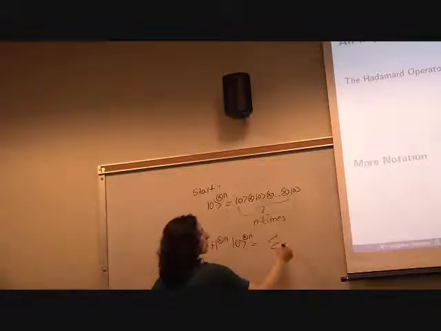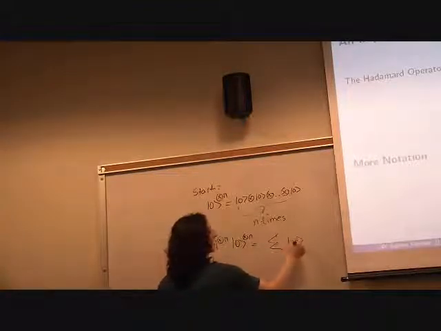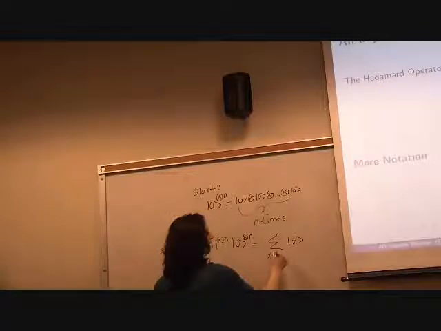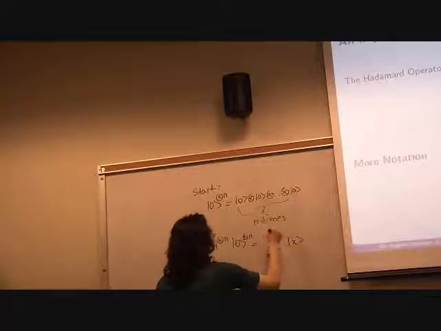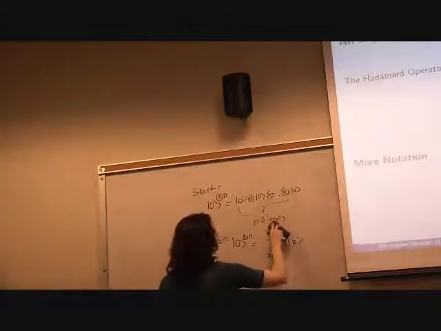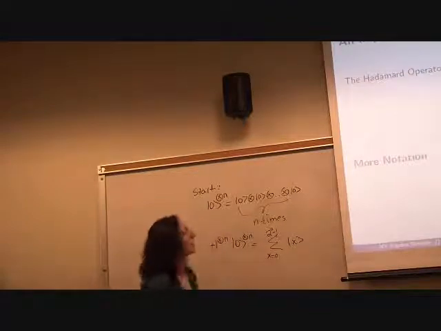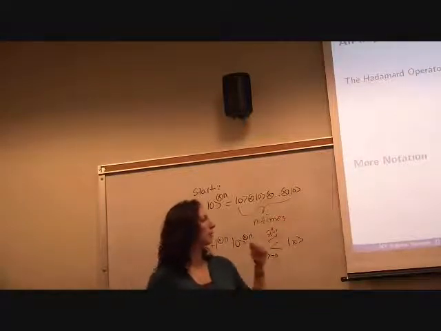And we get our beautiful superposition. What is it? 2 to the n minus 1, right? 2 to the n minus 1. And so that's why we need our Hadamard operator.